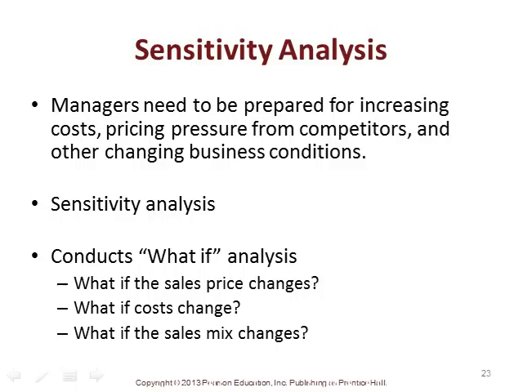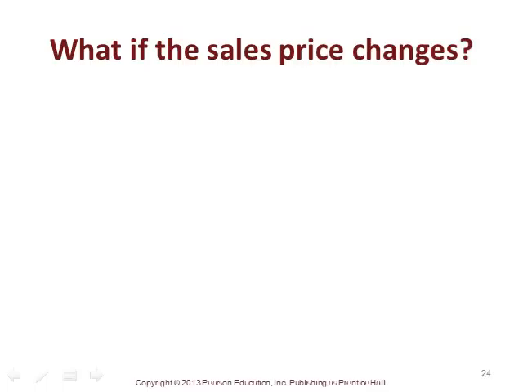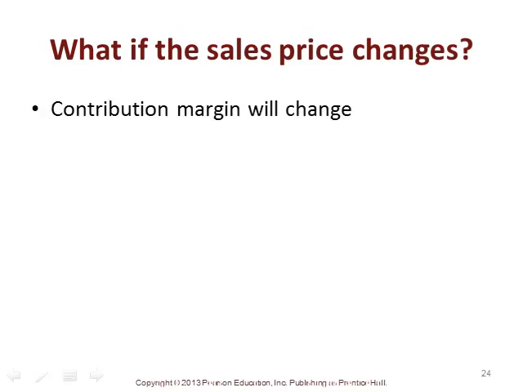So if we talk about what would happen if the sales price changes, well, we know from the contribution margin income statement that if the sales price changes and our variable costs remain constant, we're going to have a change in our contribution margin, right? And if we have a change in the contribution margin, whether it's the per unit contribution margin or the contribution margin ratio, we're going to have a change in the break-even point.